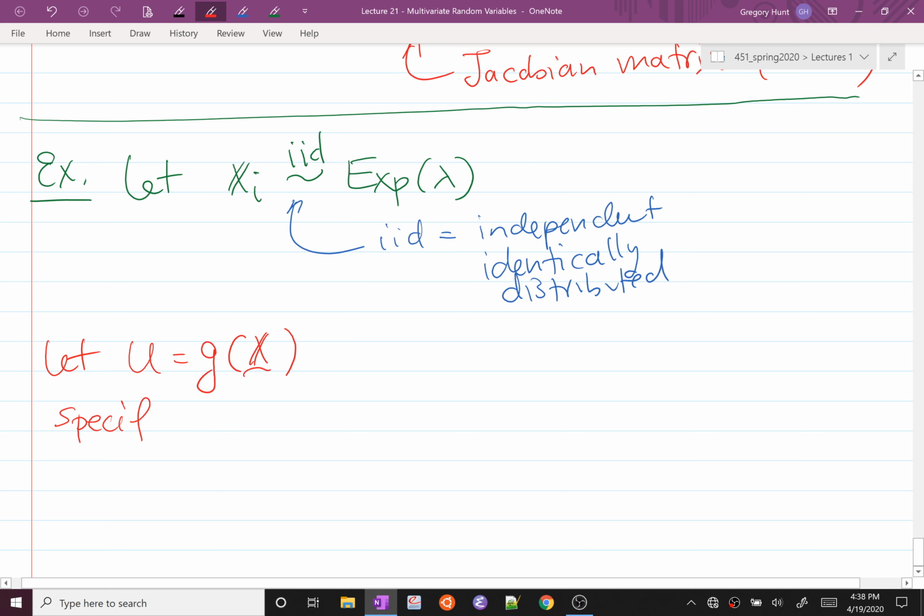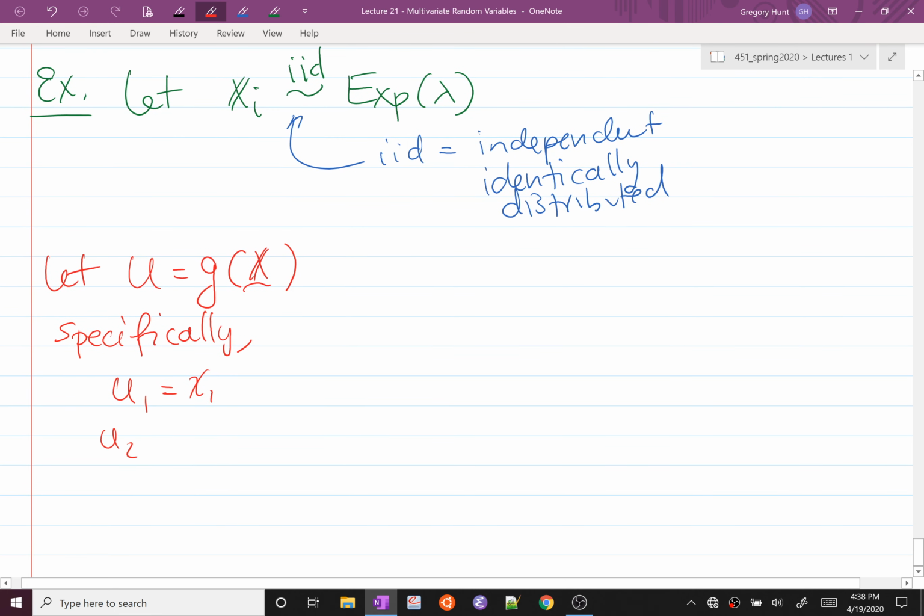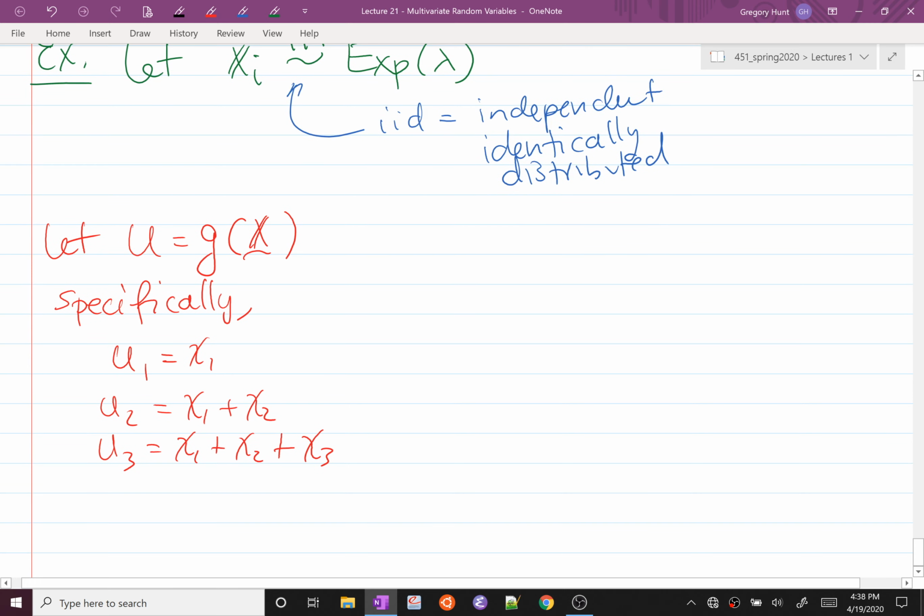Specifically, we're going to say that U1 is x1, U2 is x1 plus x2, U3 is x1 plus x2 plus x3, etc., all the way up to U sub n, which is x1 plus, etc., all the way up to x sub n.